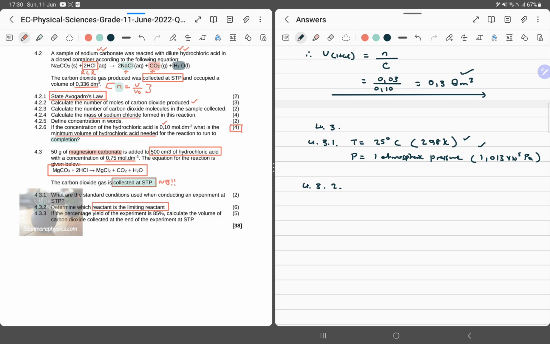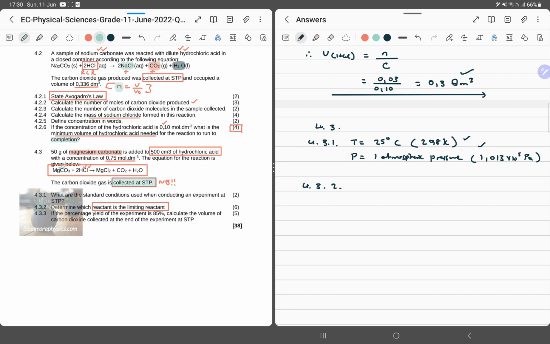Now, how do we start? Basically, we need to start with the stuff that we know, because the stuff that we know will tell us the stuff that we need to know. Now, what are the 2 reactants here? It's hydrochloric acid as well as the magnesium carbonate. Now, of the 2, which one is the limiting reagent?